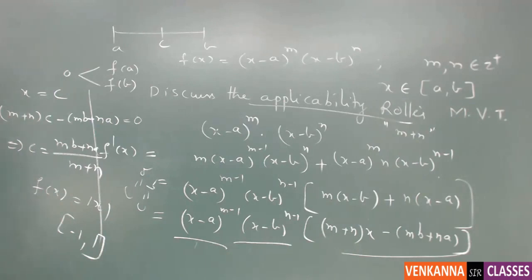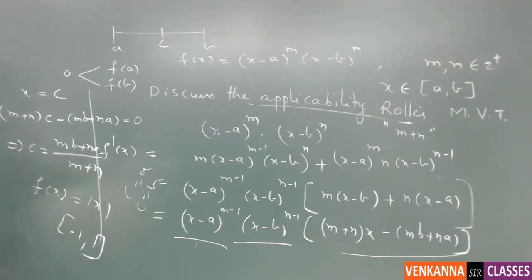Is Rolle's theorem applicable here? No, because mod x is a continuous function, but at the point 0 it is not differentiable. Hence Rolle's theorem is not applicable for this problem.